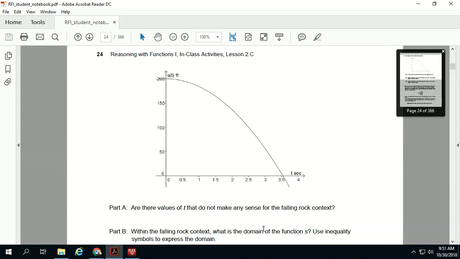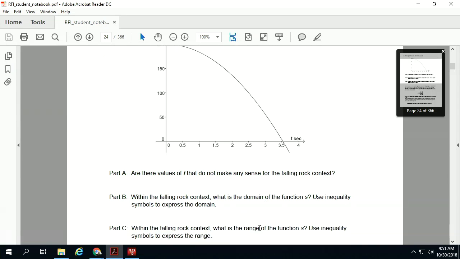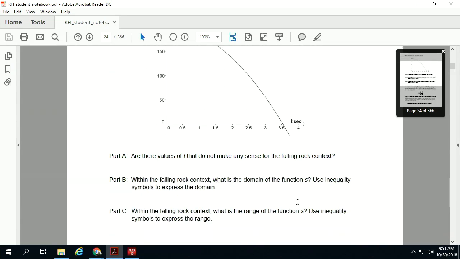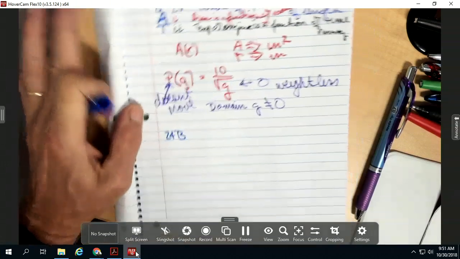B. What is the domain? So this is on page 24, B. Let's write it both ways.